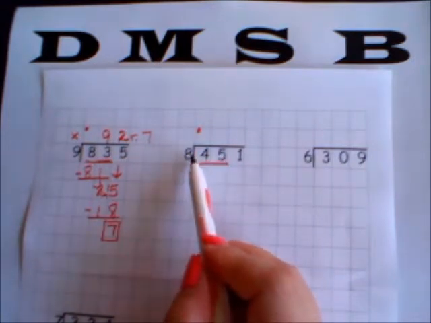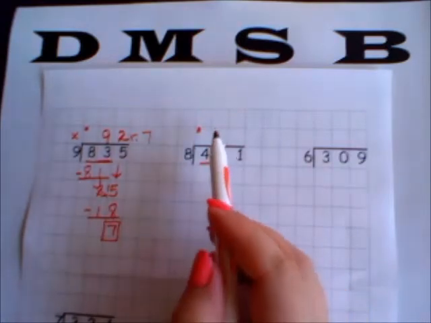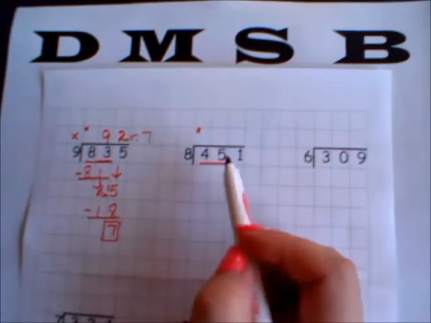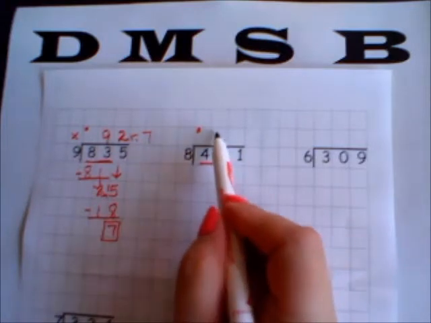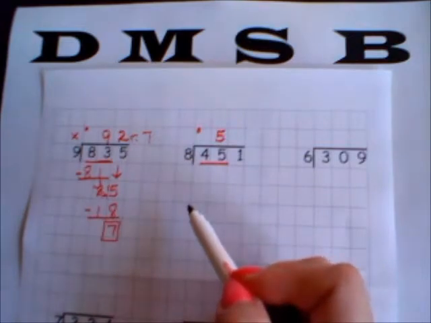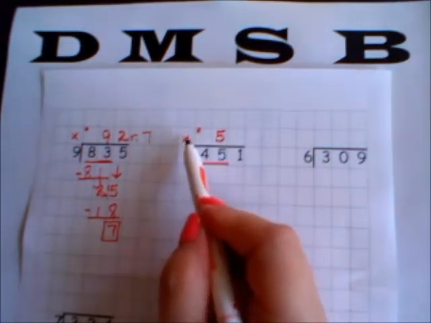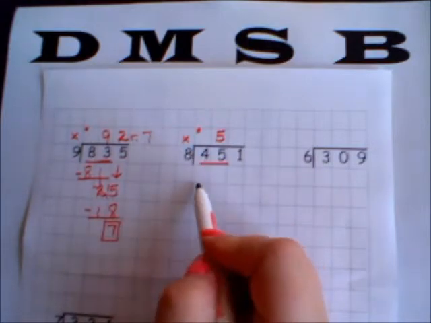All right, 8 goes into 45 how many times? 8 goes into 45 5 times, right? So what's our next step? Multiply. We're going to multiply 5 times 8, and we're going to get 40.